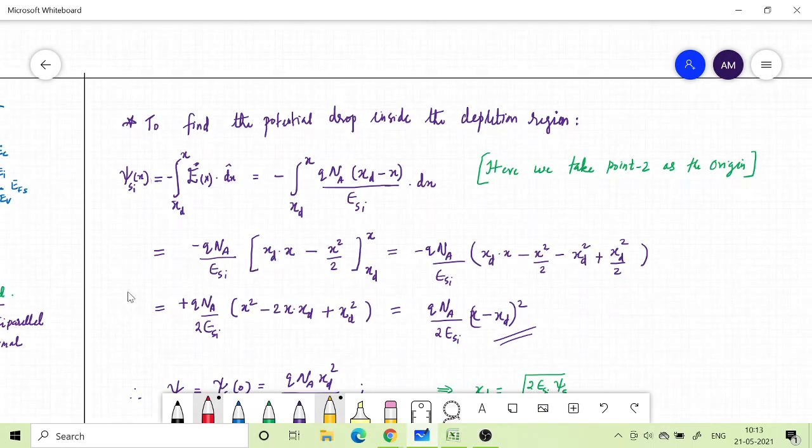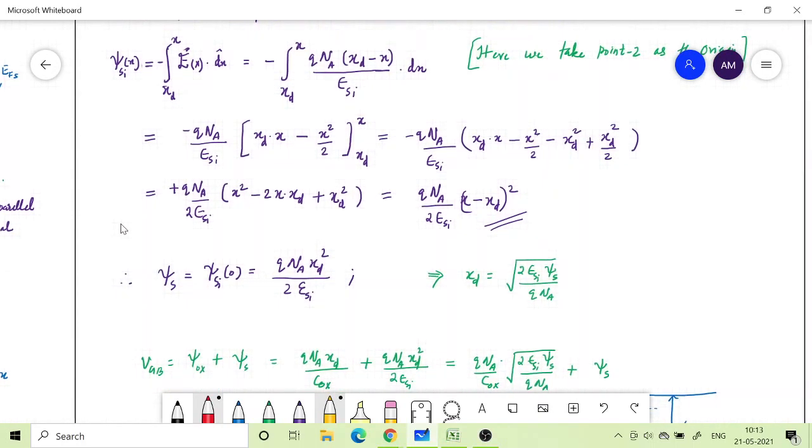So that's what we are doing here. In order to get the expression for the surface potential, this is also called the surface potential. Surface, that means the interface, what is going to be the potential.